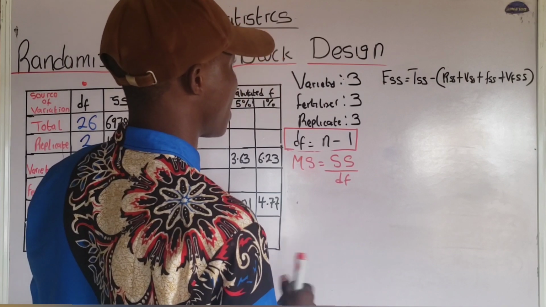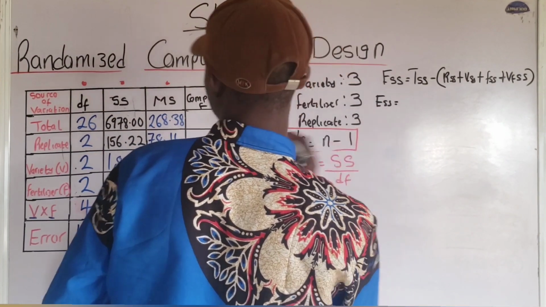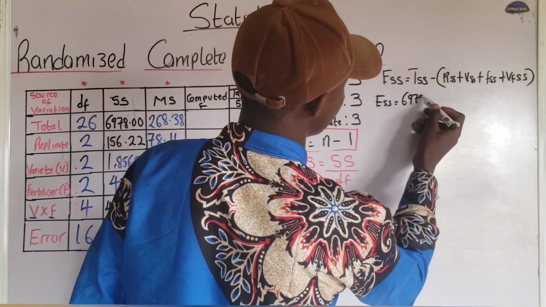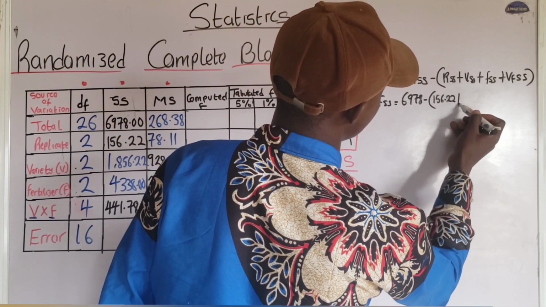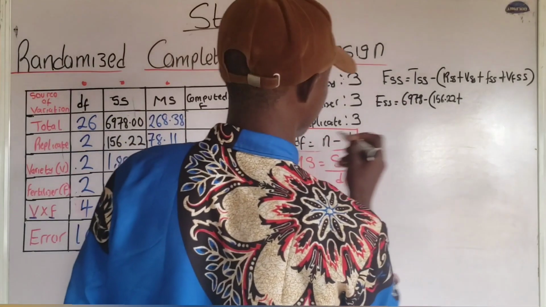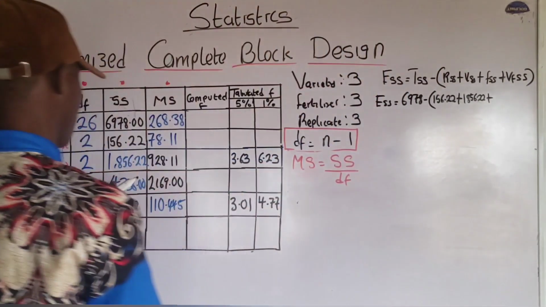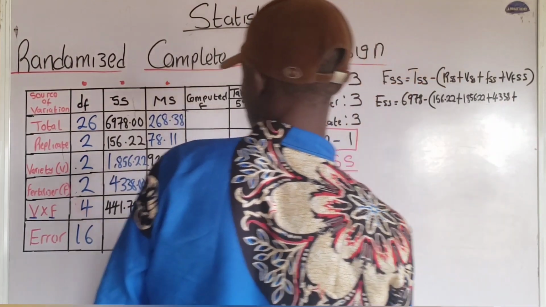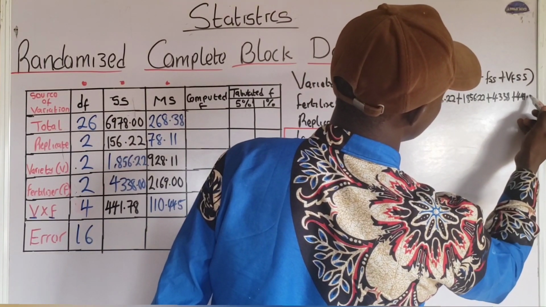So let's proceed. Here the error sum of squared will be equal to the total sum of squared, which is 6,978.00, minus 156.22 plus 1,856.22 plus 4,338 plus 441.78.